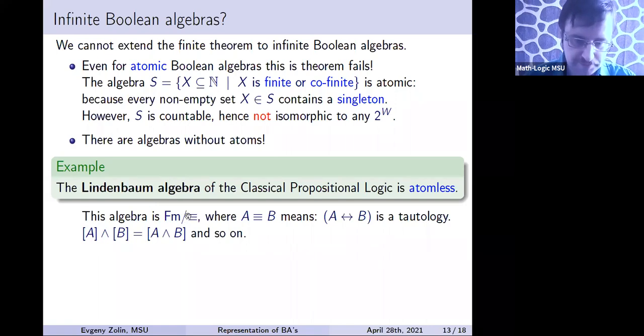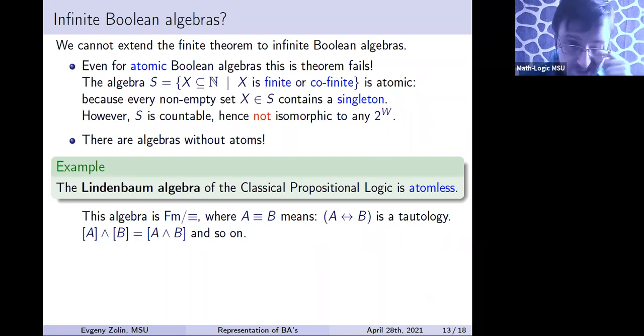Boolean algebra, an infinite Boolean algebra, moreover a countable Boolean algebra, because if we recall that the set of formulas is countable, so the set of equivalence classes is at most countable, but of course everyone knows an infinite set of pairwise non-equivalent formulas, for example p0, p1, p2, p3, so the variables are not equivalent to each other.